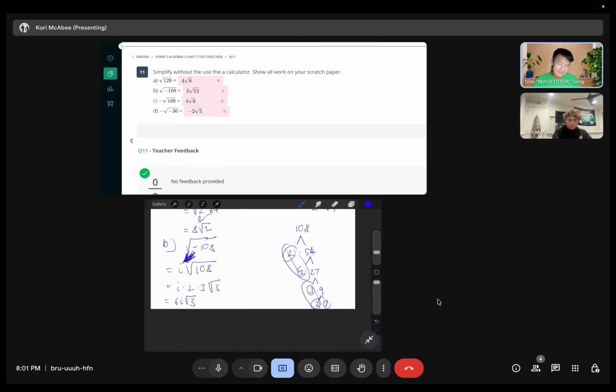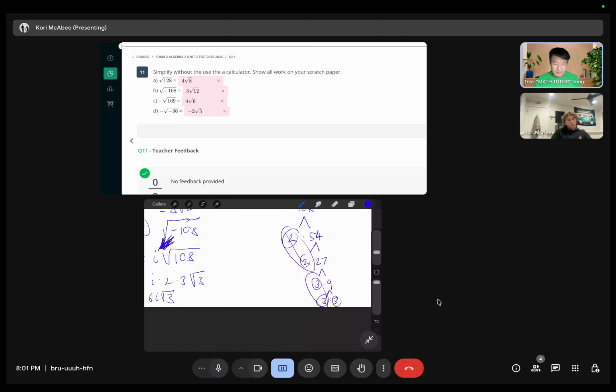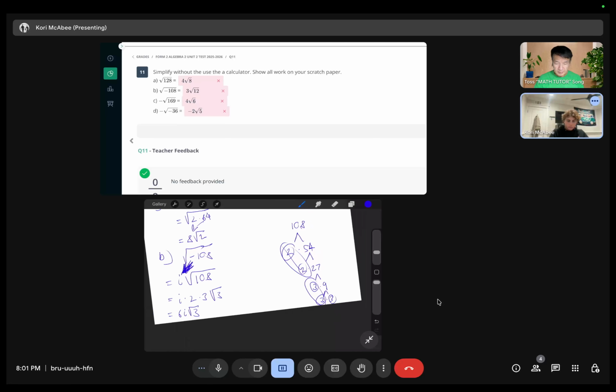The perfect square number for this one happens to be 27, but you wouldn't know that, by the way. Let me double check. Yeah, this is the answer.